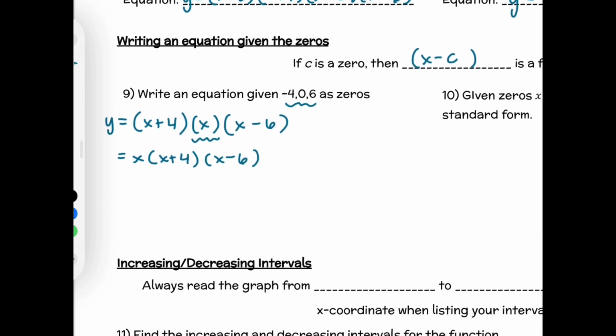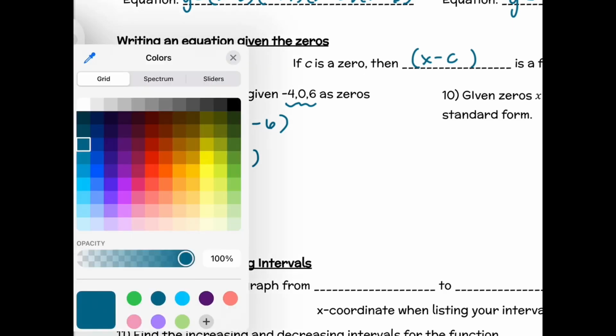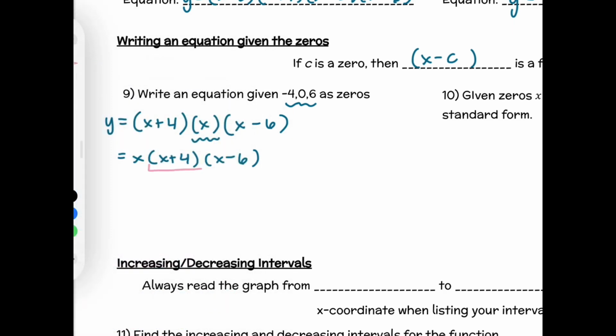All right, and then we're going to multiply. So I'm just going to focus on these two factors first. So I'm going to FOIL. I'm going to do x squared plus 4x minus 6x minus 24. And we'd still have that x out front, equals x, and I'm going to combine like terms in the parentheses.